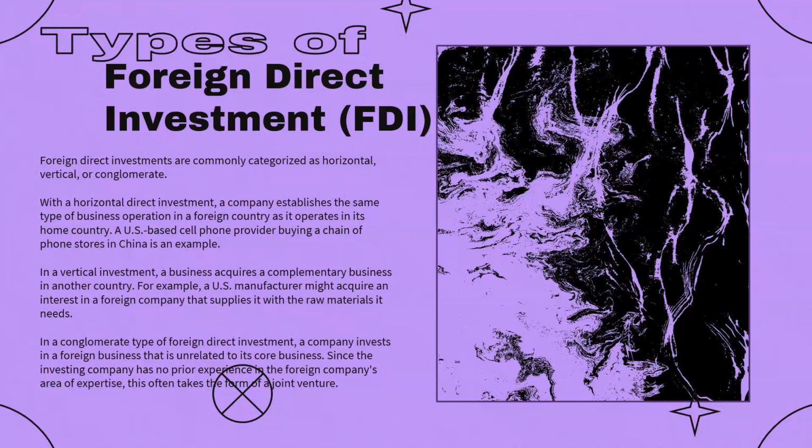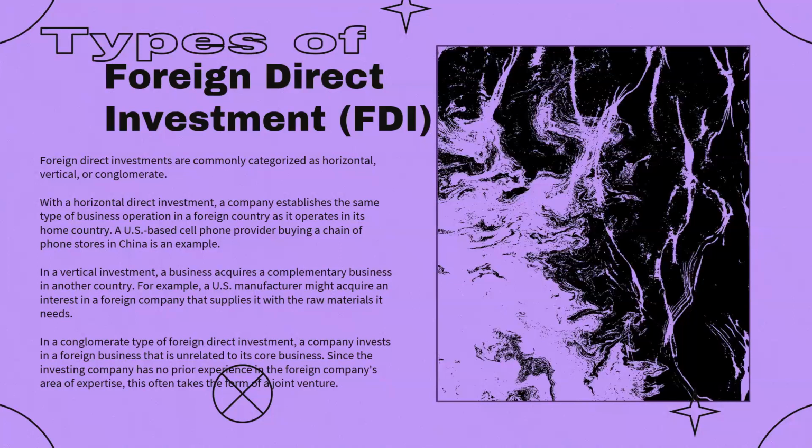Now, in a conglomerate type of foreign direct investment, a company invests in a foreign business that is unrelated to its core business. Since the investing company has no prior experience in the foreign company's area of expertise, this often takes the form of a joint venture. So remember, class, in a joint venture, two or more entities pool their resources into one entity, obviously for the motive to get something out of it.